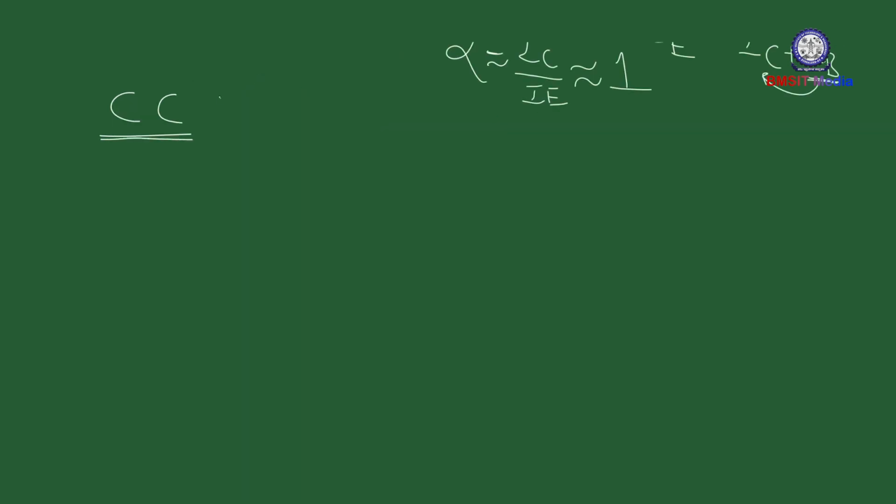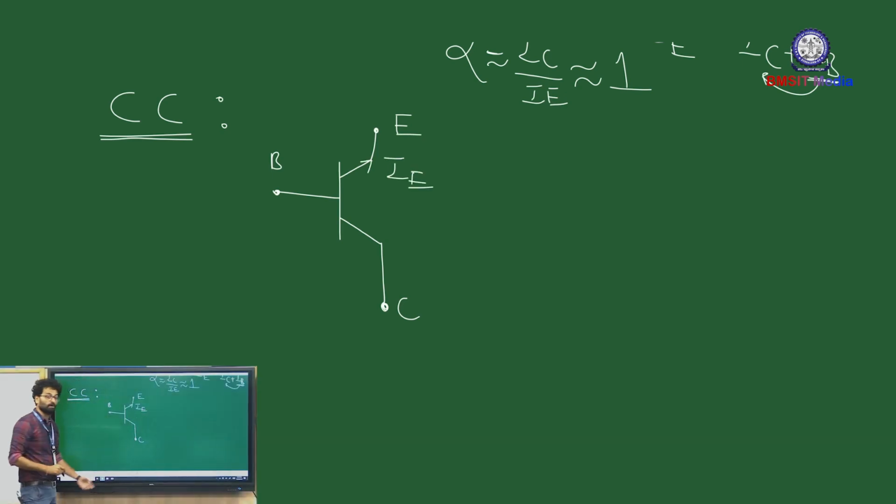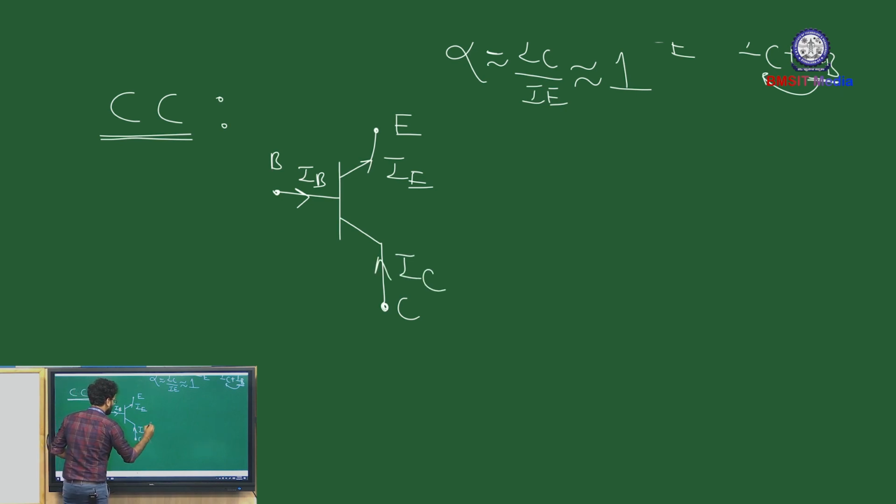On the other hand, if you look at common collector configuration, the collector terminal is common. The collector terminal is common for both input circuit and output circuit. So yeah, we can mark the currents. This is IB and this is IC.